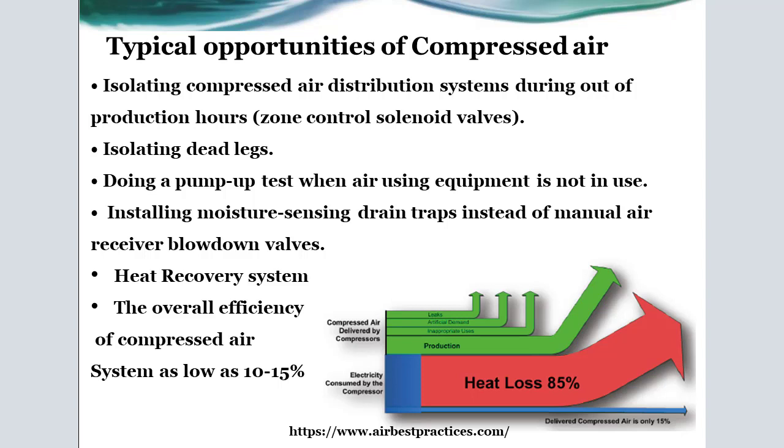So the efficiency of the compressed air system is very low, because we have a lot of sources of losses, and this heat can be used again by using a heat recovery system. Okay.